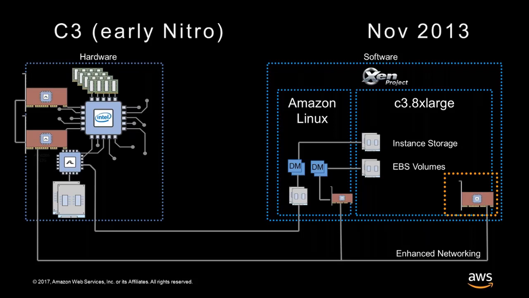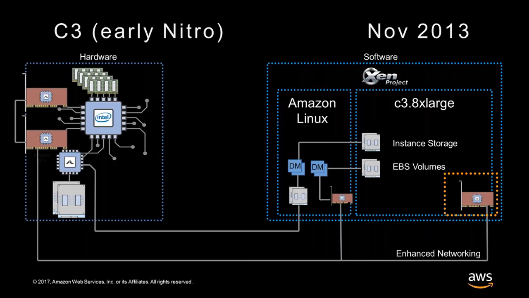What we did is we took a commercially available network offload card, and we literally added it to every server. If you had a physical C3 sitting in front of you, you would be able to see a loopback cable coming from the normal Intel network card going to this network offload card. It looks kind of silly, but it works really, really well.